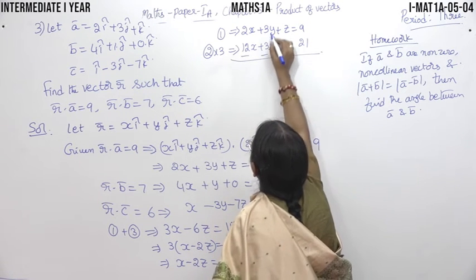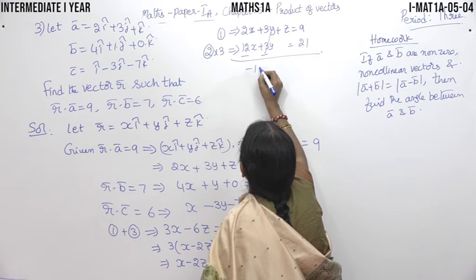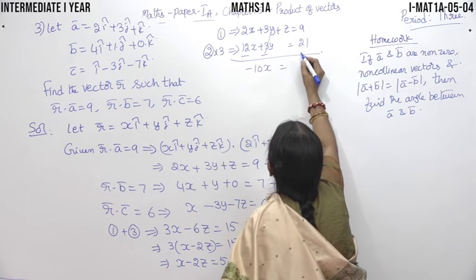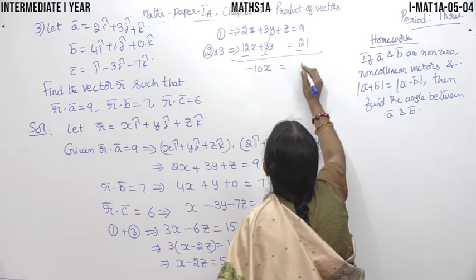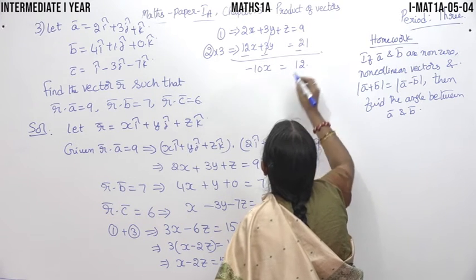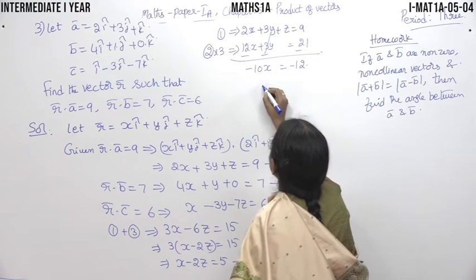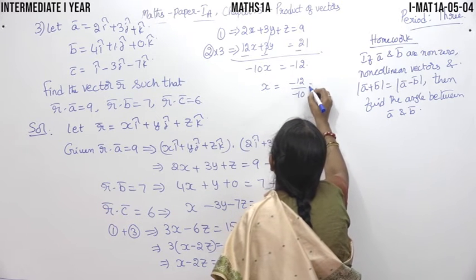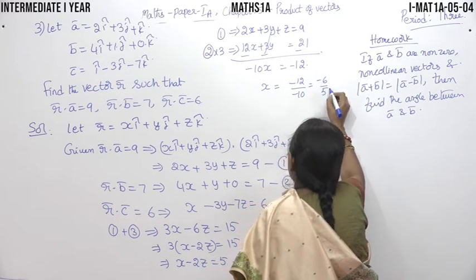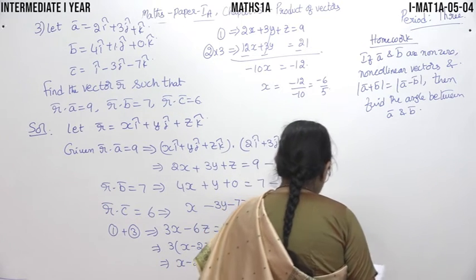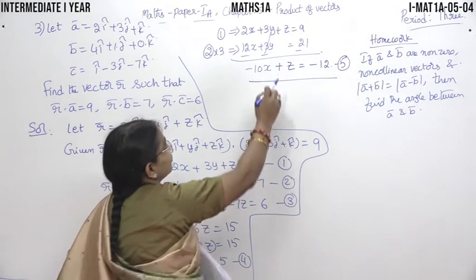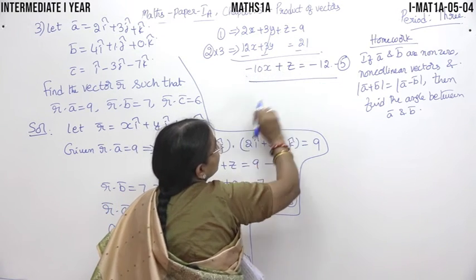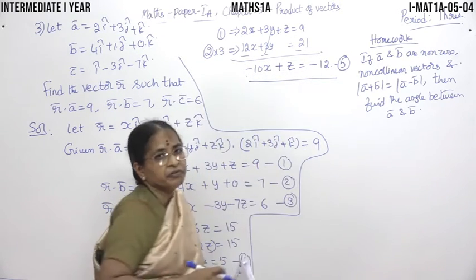When you subtract, this gets cancelled. So here I forgot to take this z. So it is minus 10x plus z is equal to minus 12. So this is your fifth equation.